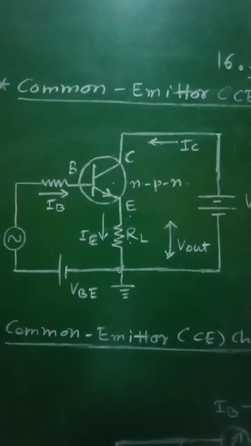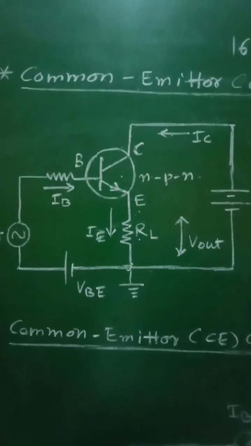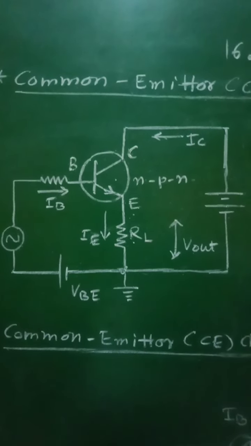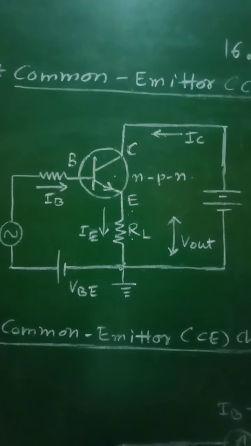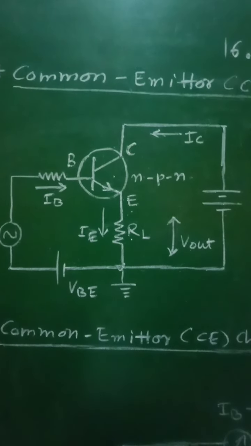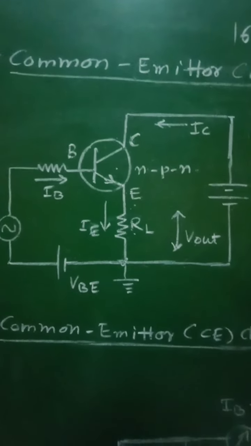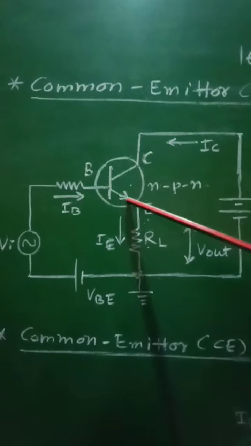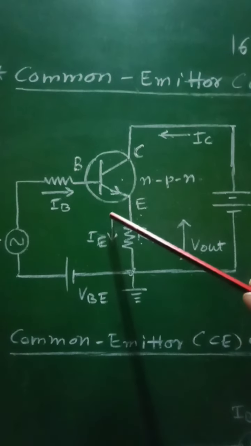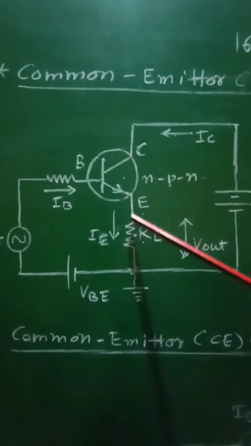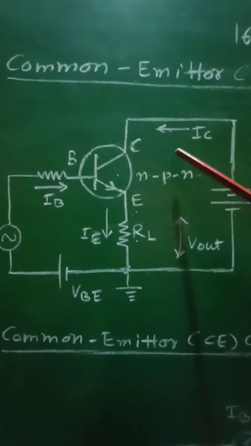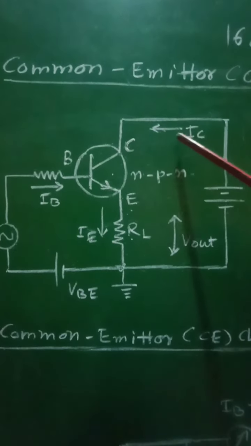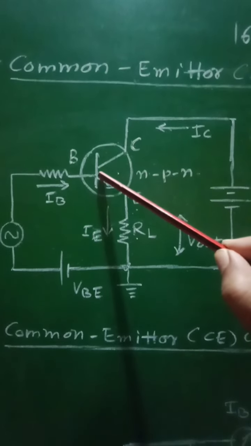Now in this type of configuration, the current flowing out of the transistor must be equal to the currents flowing into the transistor. If you consider the currents, then the emitter current IE is flowing out of the transistor, while base current IB and the collector current IC are flowing into the transistor.